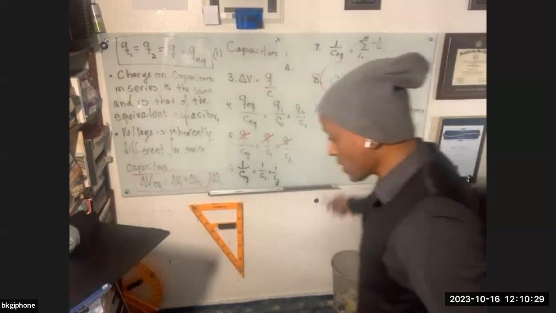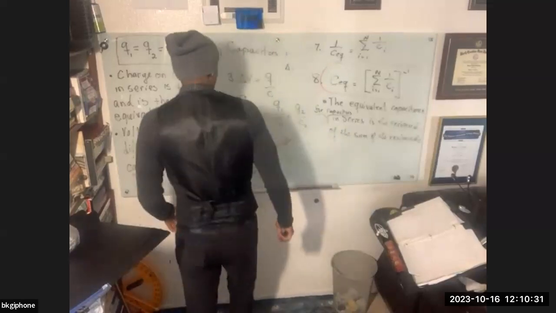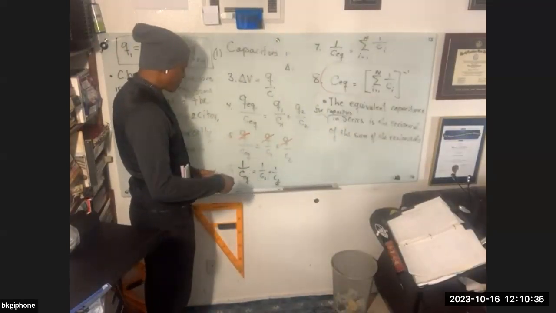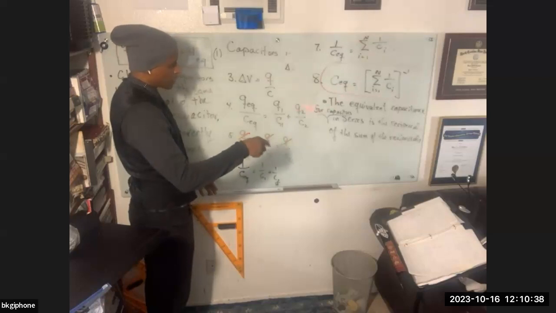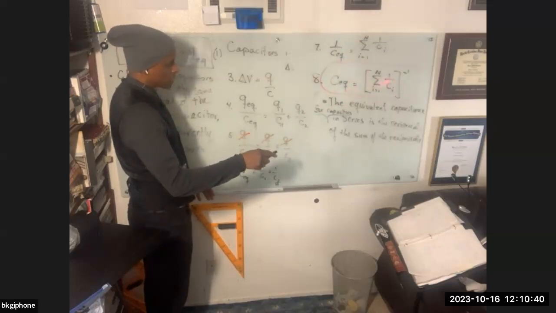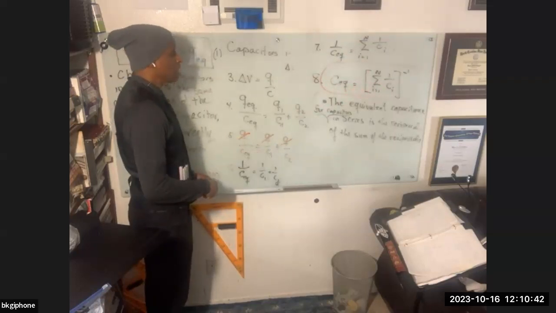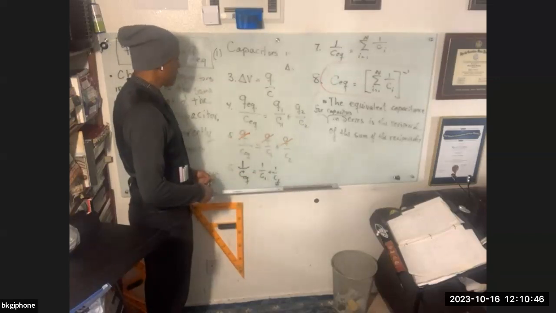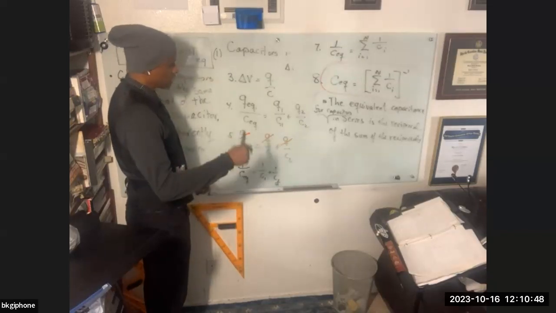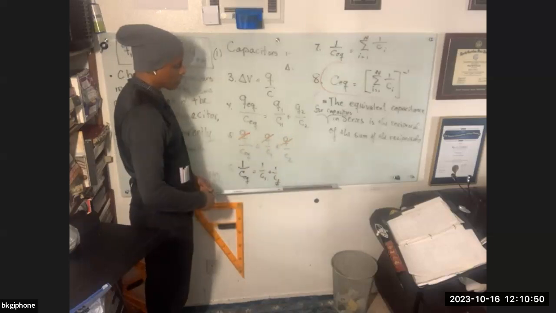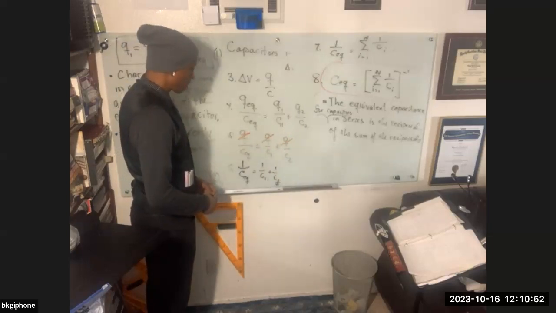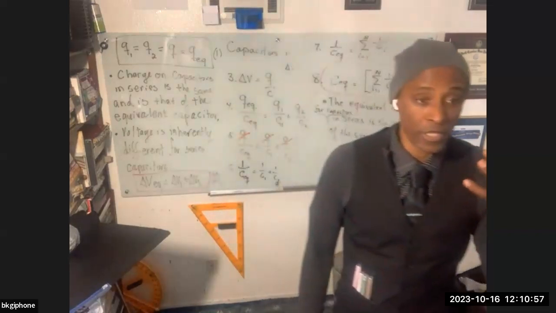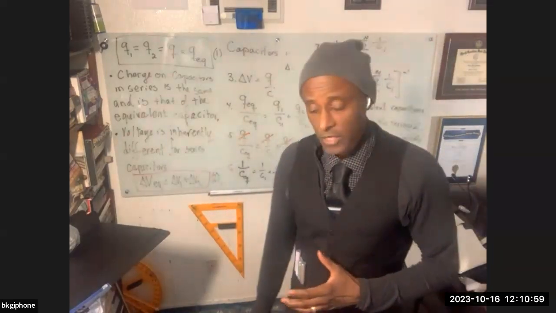And finally, the recursion relationship for capacitors in series is that the reciprocal of the equivalent capacitance is equal to the sum of the reciprocals of the individual capacitances. You want to be able to summarize like that for the parallel capacitor connections as well.